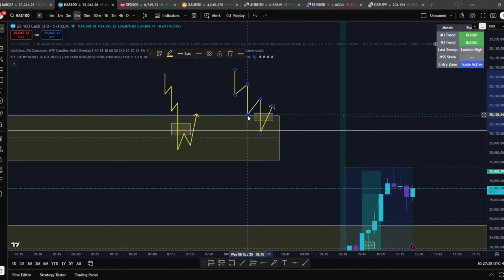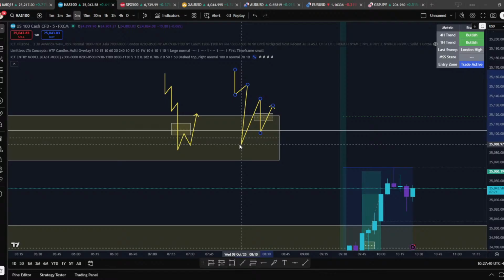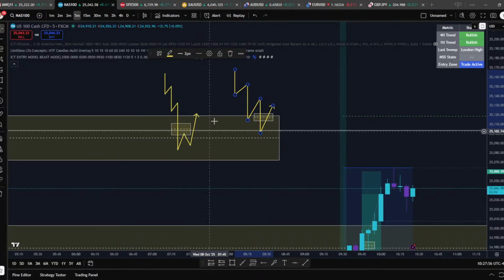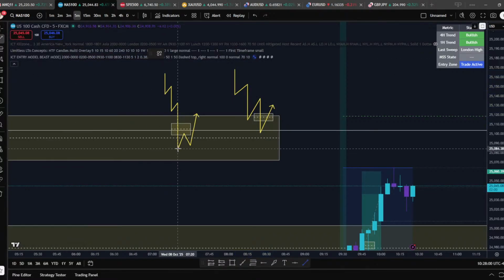So it would have to be like this, I think. Like this. There to there, there to there. Okay, so let's say this is a trend line that you're looking at from there to there. And a trend line you're looking at from there to there.